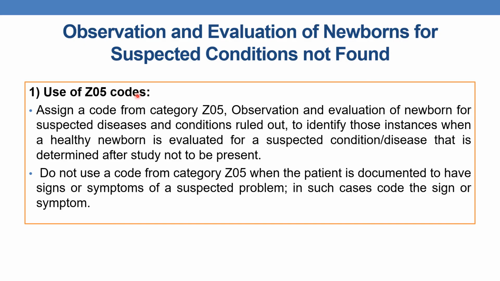First, coming to use of Z05 codes. Assign a code from category Z05, observation and evaluation of newborn for suspected diseases and conditions ruled out, to identify those instances when a healthy newborn is evaluated for a suspected condition or disease that is determined after study not to be present.